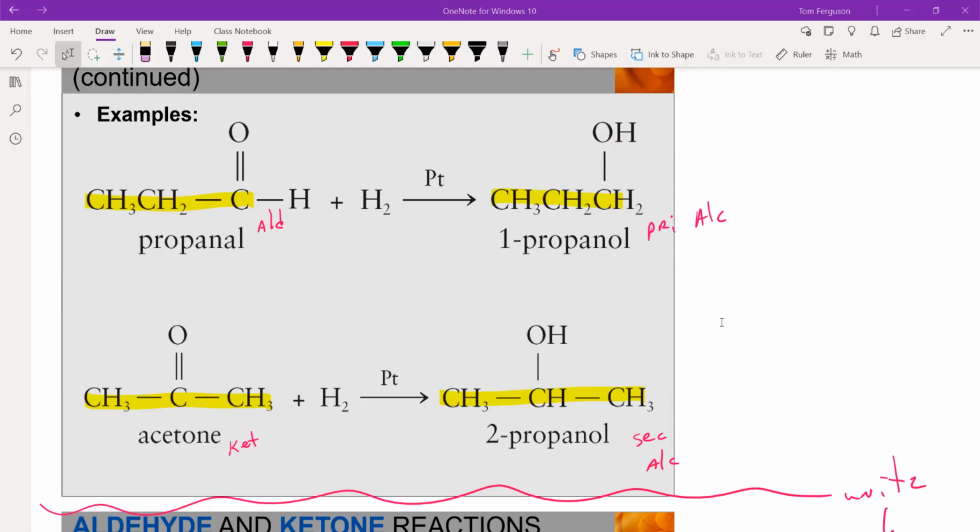What reactions? The reactions of alkanes, alkenes, alcohols, thiols, aldehydes, and ketones. I've been going through lots of reactions. Correct, not open notes.